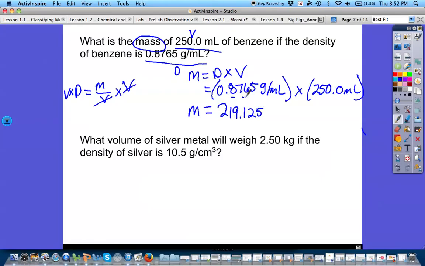But we need 4 sig figs in our answer. So 1, 2, 3, 4, less than 5. 4 is less than 5, so it is going to be 219.1. Milliliters is going to cancel, so we're going to be left with grams.